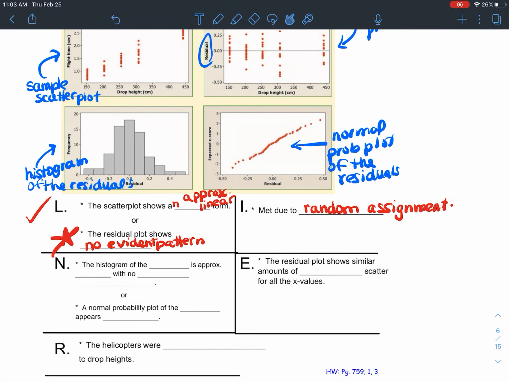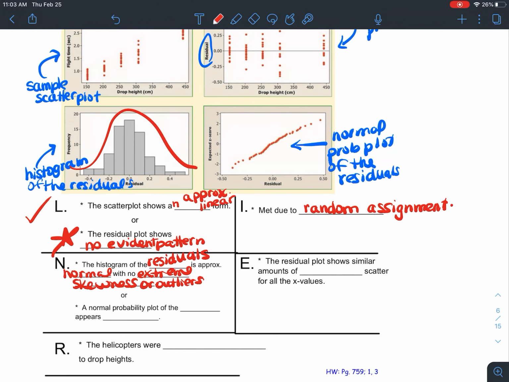The normality condition is met by looking at either the histogram of the residuals or a normal probability plot of the residuals. If you're looking at the histogram of the residuals, you would want to make sure that it is approximately normal. Definitely feels like that's the shape here, with no extreme skewness or outliers.